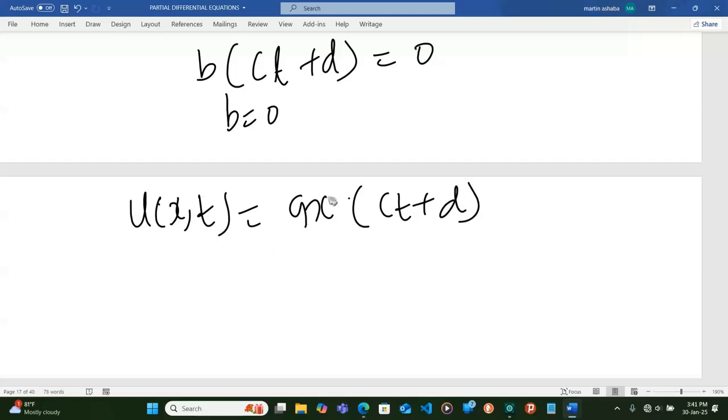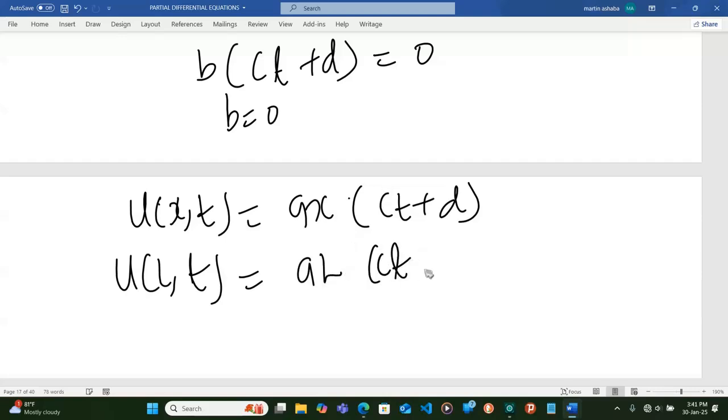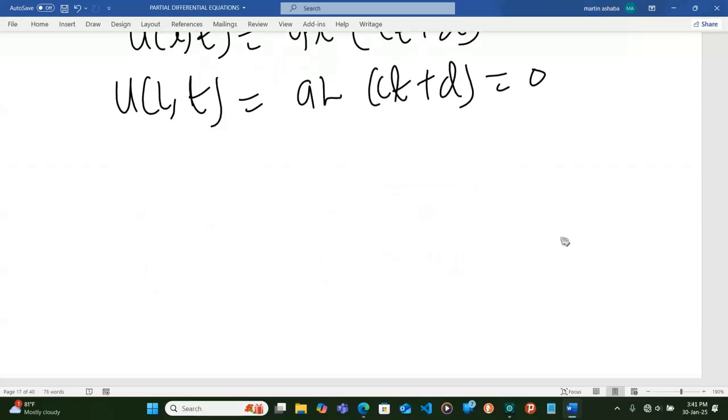So let's apply now the another boundary condition, u l t. This is going to be al times ct plus d and is equal to 0. So we know that for it to hold, this can't be 0.